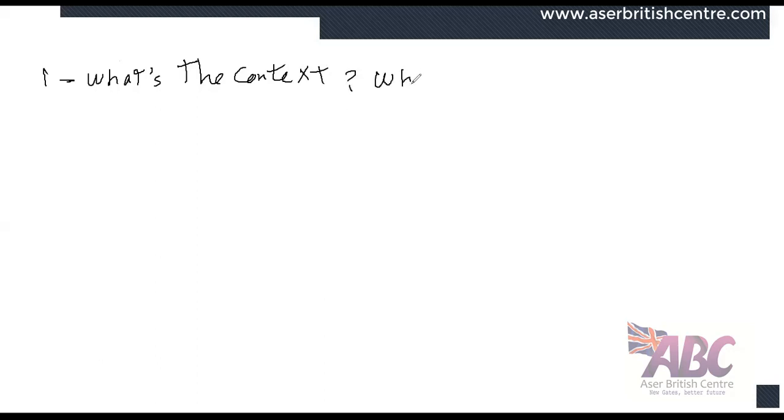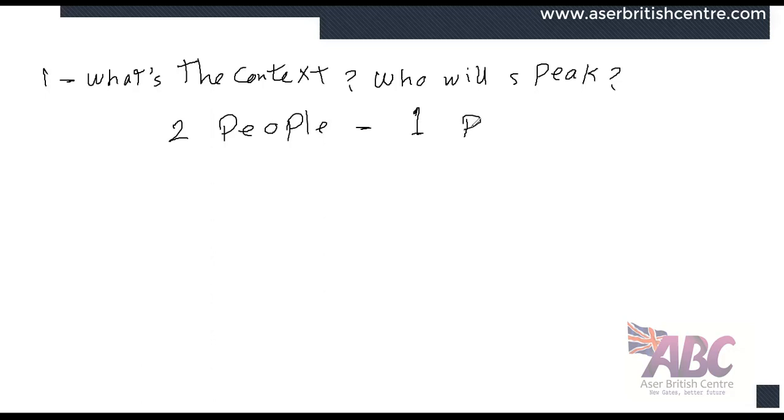And also we need to know who will speak. This will guide us through the talking. It could be two people or one person. So in this kind of question it could be two people. Also, we could have only one person, not necessarily two people talking to each other. So we can expect this also.